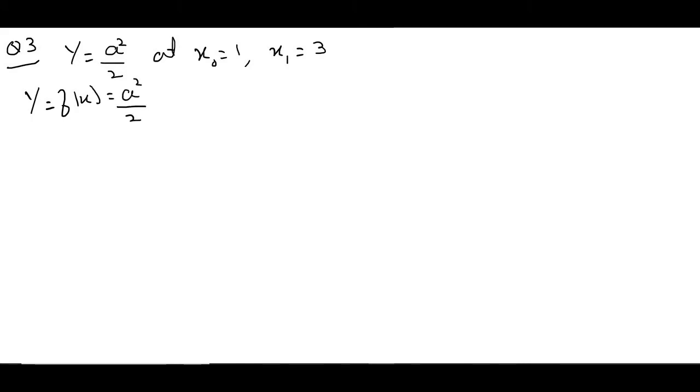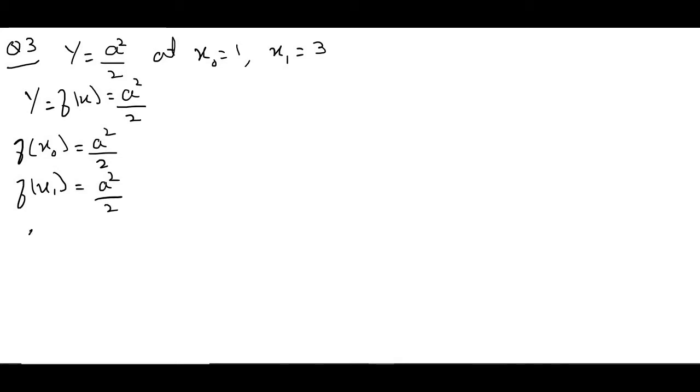Now keep in mind it is a constant function and there is no variable with it. So f of x naught is equal to a square over 2 will remain as it is because it is a constant function. Again f of x1 is equal to a square over 2.